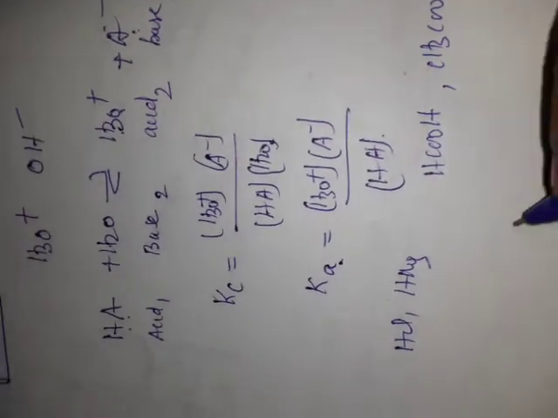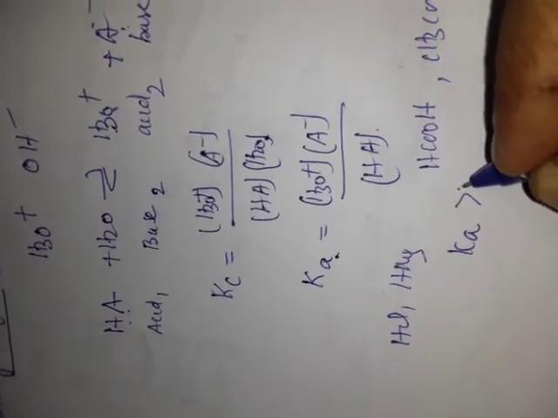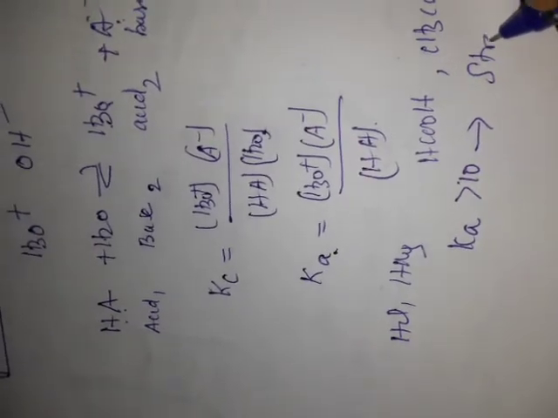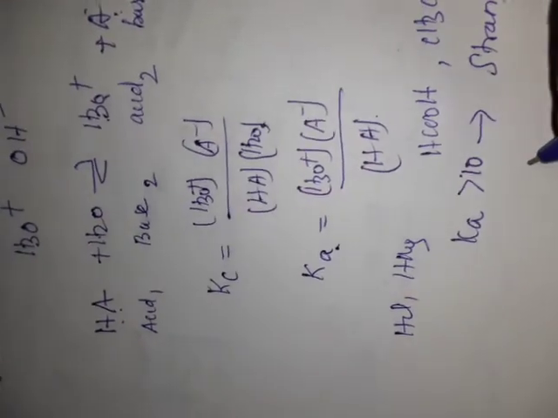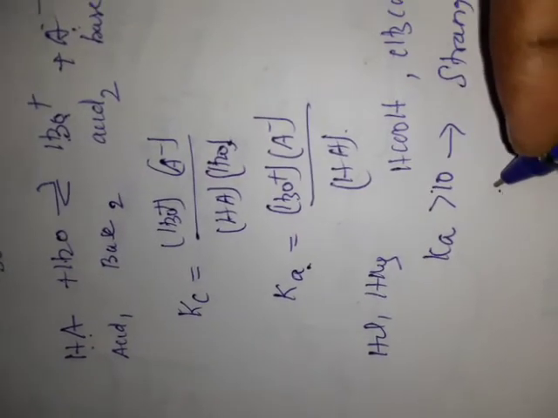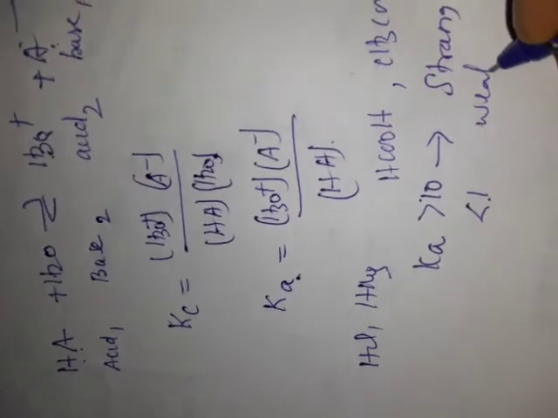So acids with a Ka value greater than 10 are considered strong acids. If they have a value less than 1, they are considered weak acids.